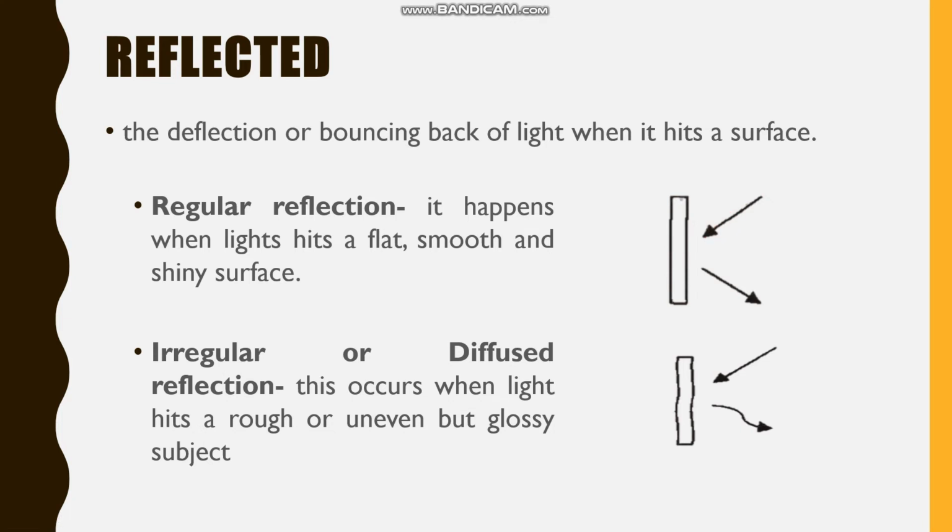Or the rays, again, that originally came from the source of light, and then this rays, yung tatama or yung tatalbog or yung nag-bounce na light, ang tawag na sa kanya is the reflected rays. Kasi yun na nga yung nag-reflect. Katulad dito, this is the incident rays na nanggaling dun sa source of light. So, yung reflected rays niya, eto na. So, that is for the reflected. The behavior of light wherein nagba-bounce back lang naman yung light kapag nakahit siya or kapag tumama siya sa isang bagay or surface.